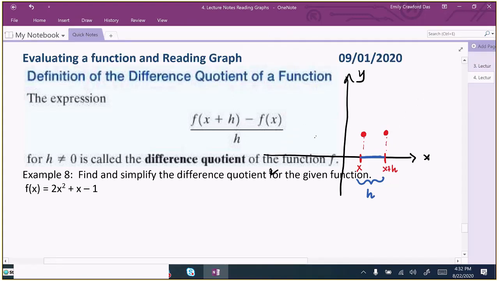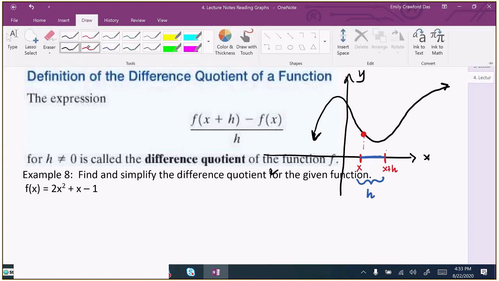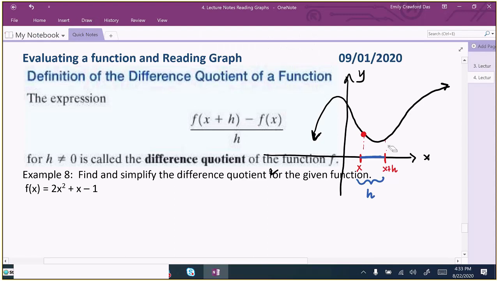So that these don't have the exact same function value. Okay, so here we go. Here's my f of x plus h. It's a little bit lower.